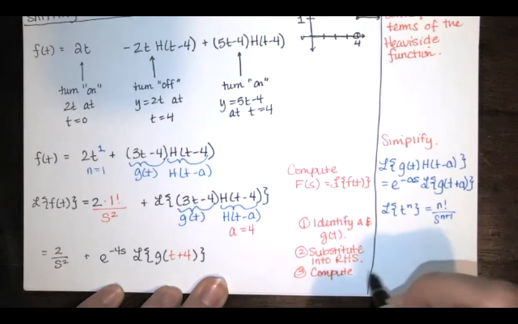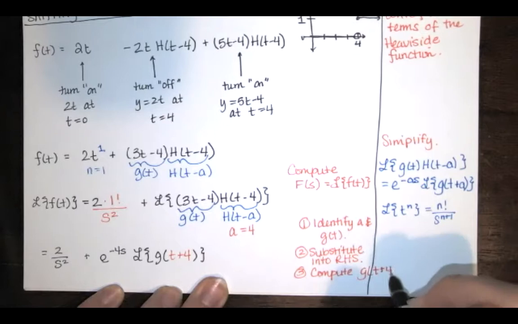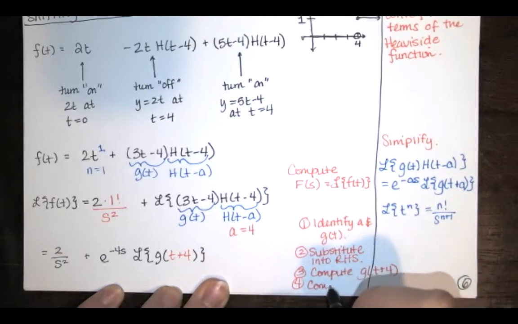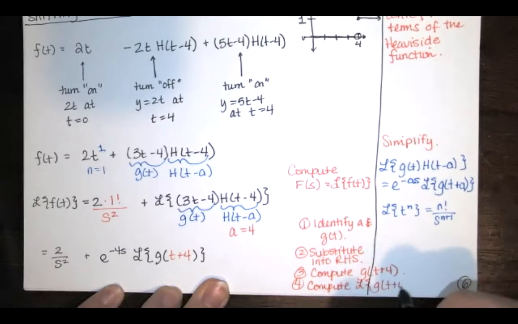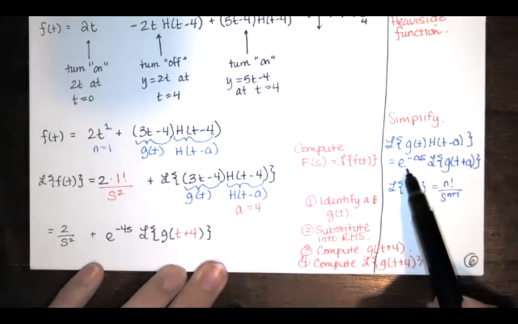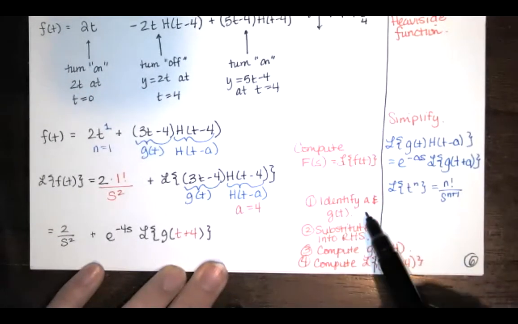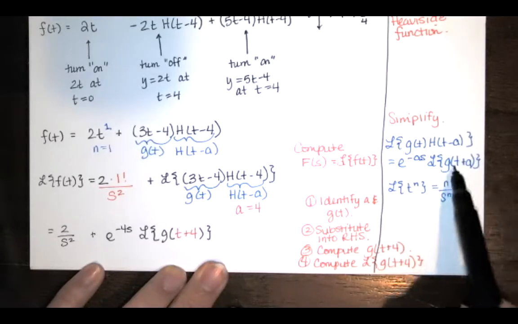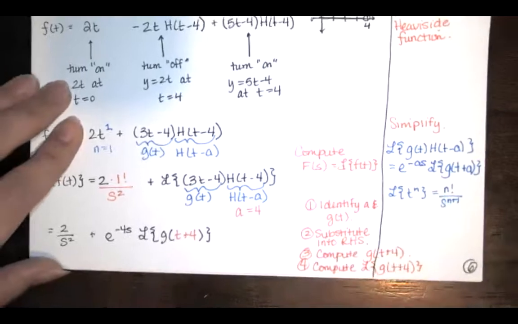And then once we do that, we can compute the Laplace transform of g of t plus 4. Easy breezy. So this tells us all the things that we need to do. We need to identify a, find g, evaluate g of t plus a, and then take its transform.